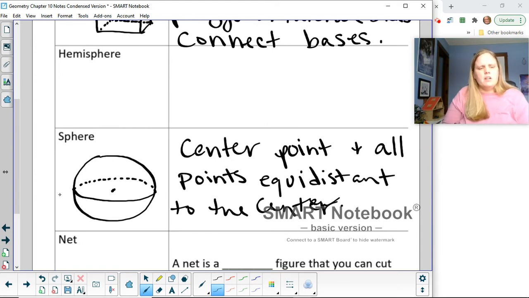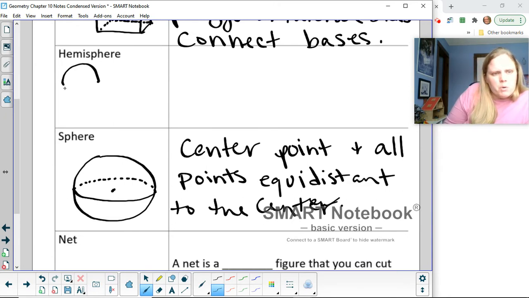Okay, now for a hemisphere, we're just going to take the top part of that sphere or just the bottom part. So I'm going to draw it two different ways. Taking the top portion, rounded with a circular base, or I could make it look like a bowl.